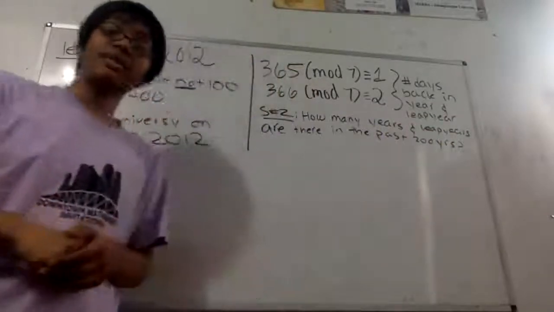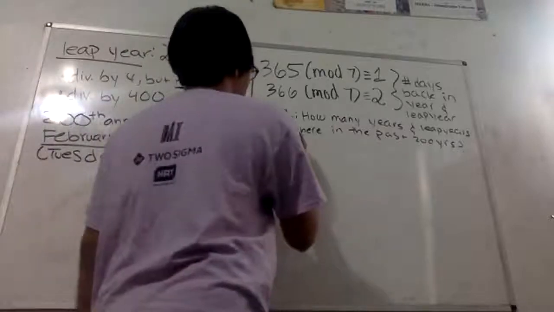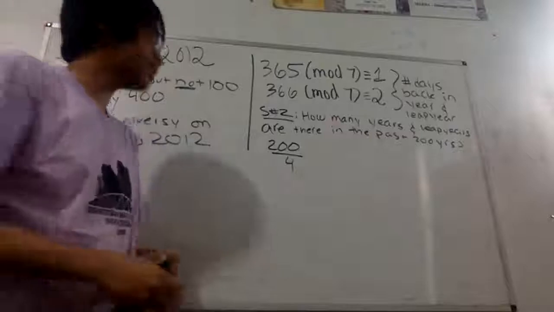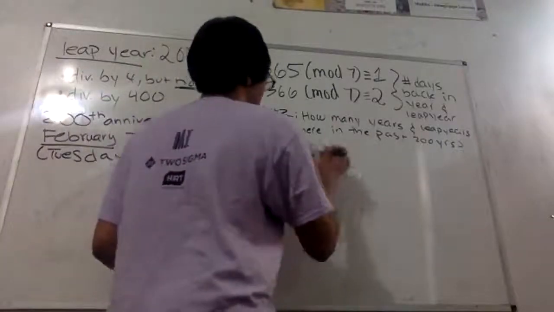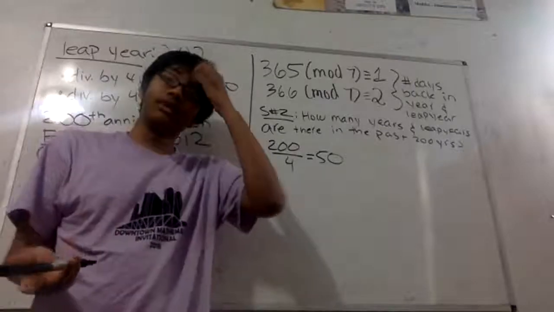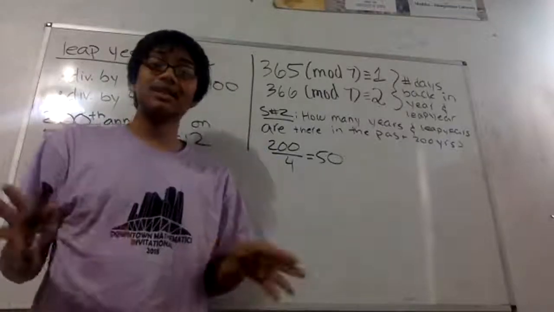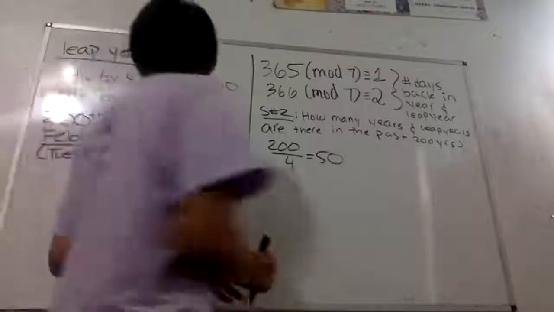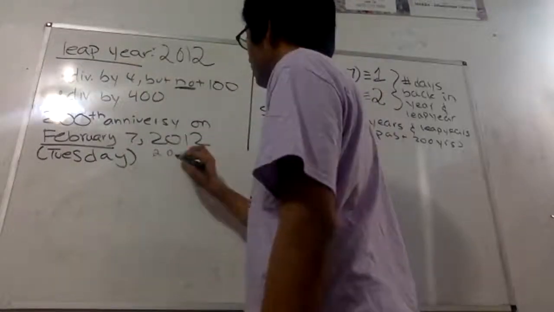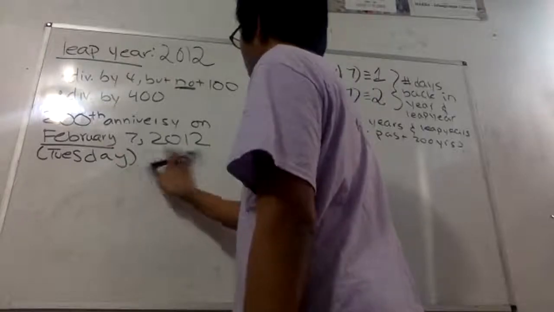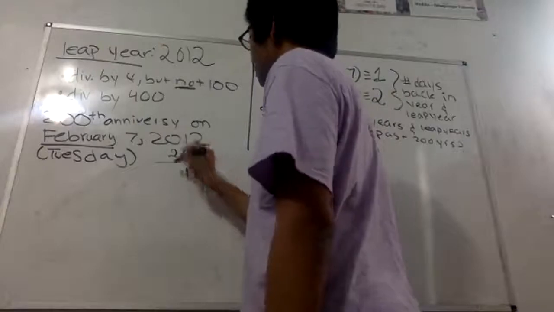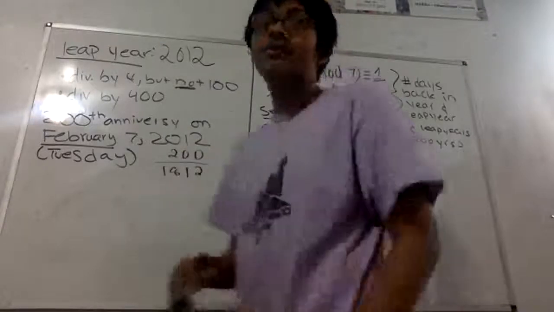Well, to find the answer to that question, the first thing we do is 200 over 4, because we know there's a leap year every 4 years. So that gives us 50, right? But we have to be careful. Why is that? Well, if you go 200 years back, that'll take you to 1812.